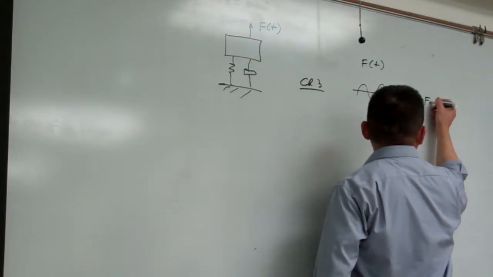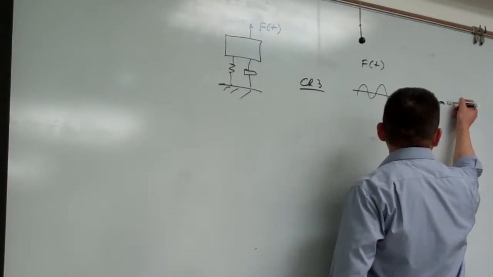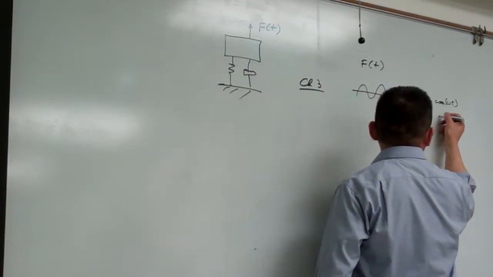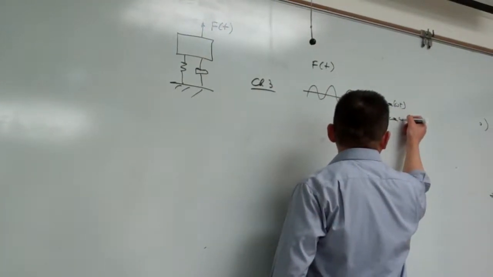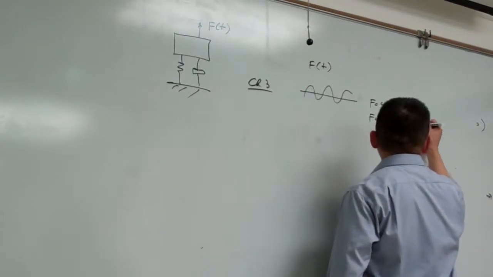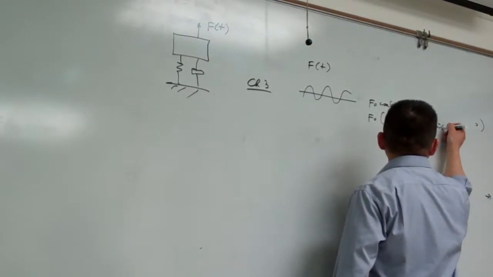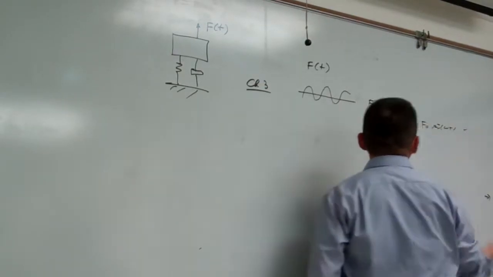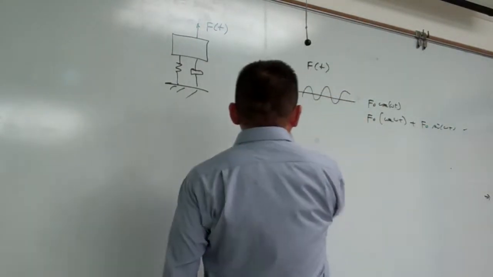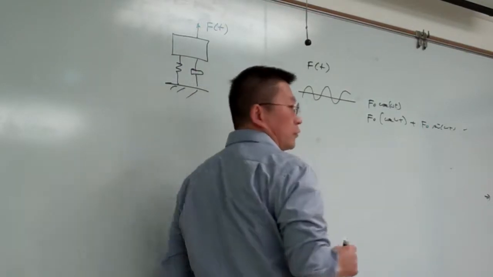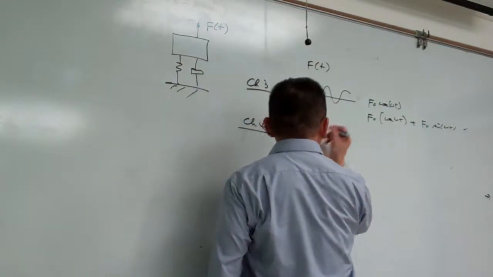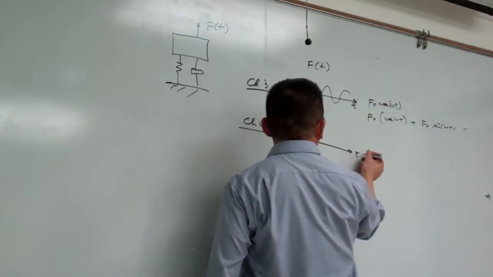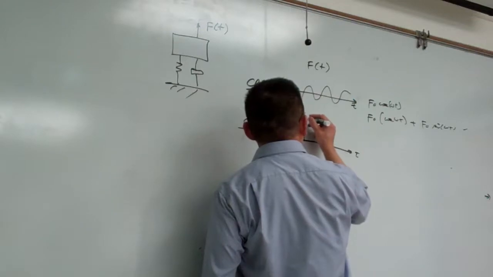That means F naught cosine omega t, and this can also be said as F naught cosine omega t plus F naught sine omega t, something like this. That is what we're going to study now. And in chapter 4, the response will be to, say, an impulse.